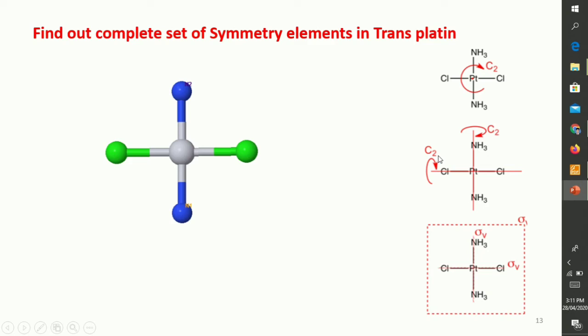So finally, is there any inversion center found in this molecule? Yes, there is an inversion center in this molecule. If we move from the middle of the molecule in any direction, for example in this direction, right side, there would be a chlorine, and on the opposite side you need to travel the same distance.